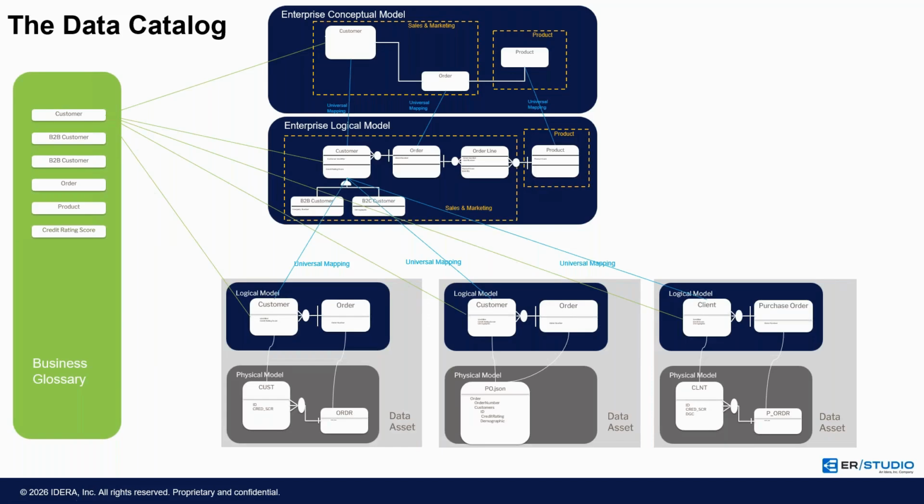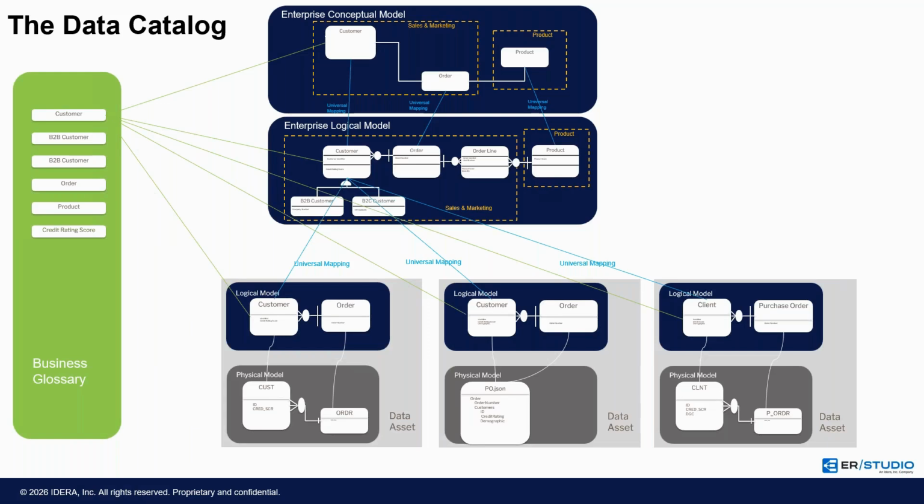What is important though is to be able to have some form of lineage and some form of mapping across these, so that I can understand that this customer table that I have here is in some way related through and mapped back to this customer definition at my enterprise logical model, and perhaps then back to this customer definition in my overall business data catalog or business glossary.